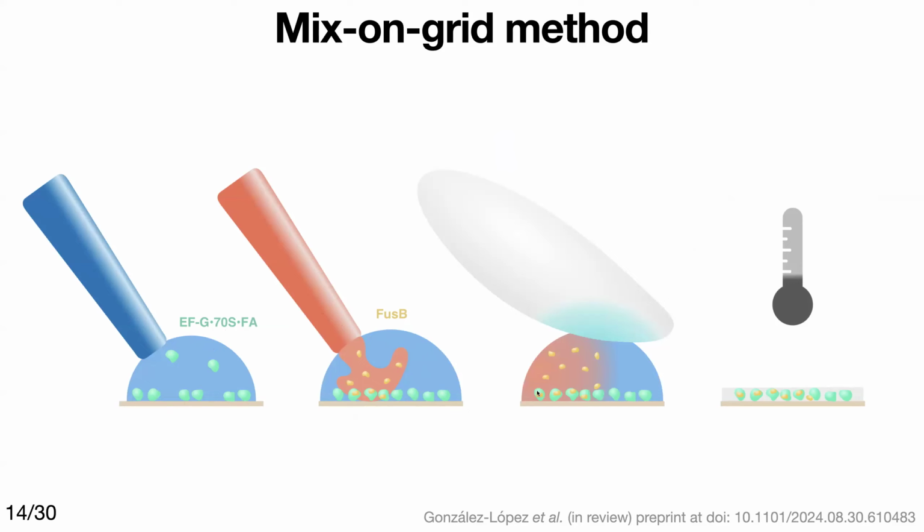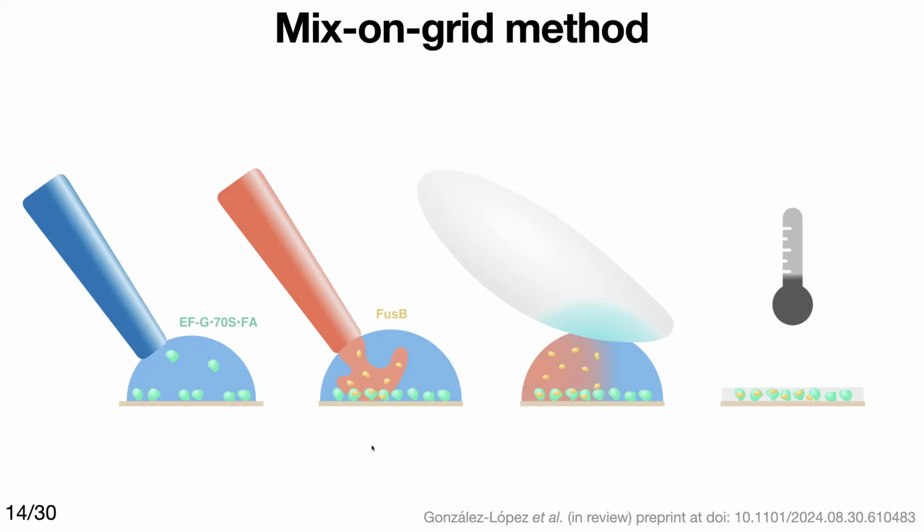And we actually found that in different parts of the grid, there were different populations of the different states of rescue. So actually this 6-second number that I say is the maximum contact time that FUSP has with these locked inhibited ribosomes. So it will be up to 6 seconds, basically.